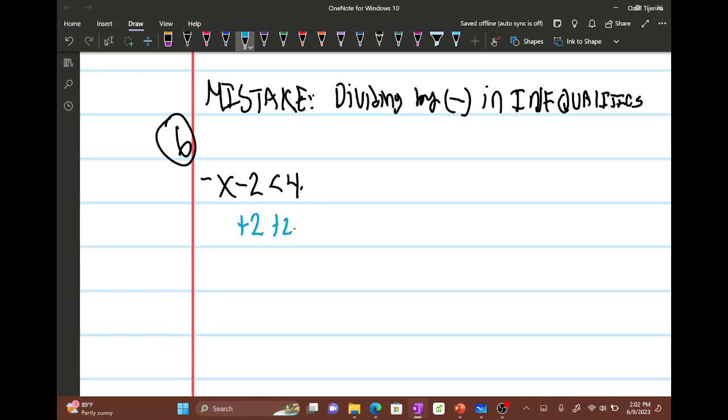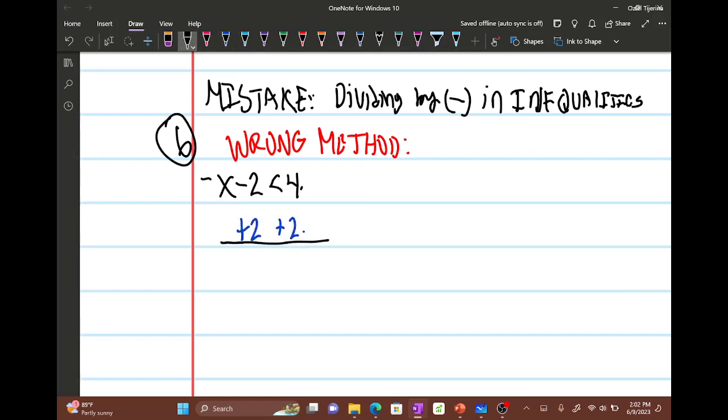Now, again, I'm gonna do the wrong method so that you guys are very aware of what mistake students make when doing these problems, because the idea is we want to see the difference between the wrong and the right. So the wrong method is that students always end up doing, they do add the 2, which is correct. That part I don't have a problem with.